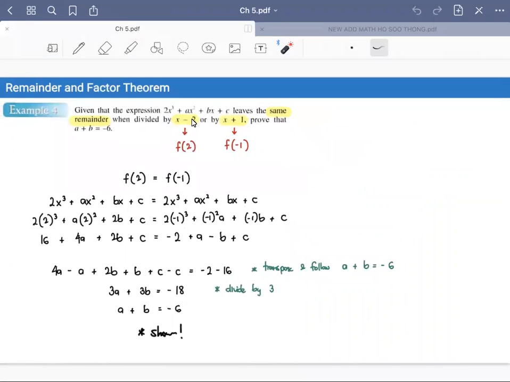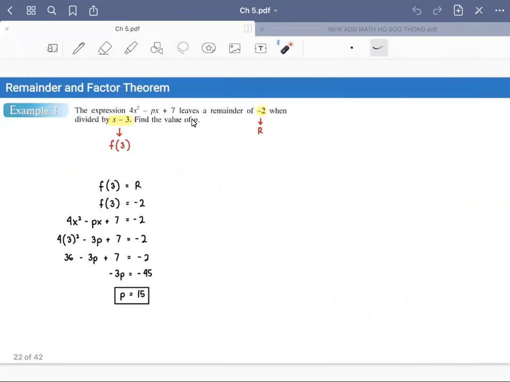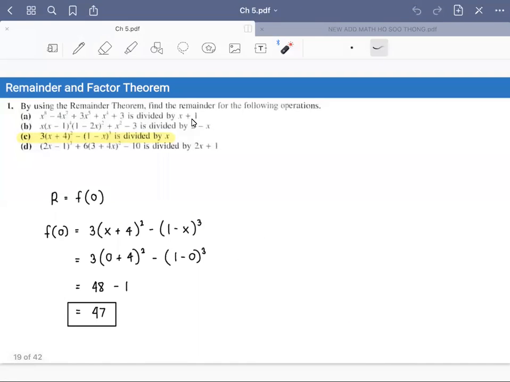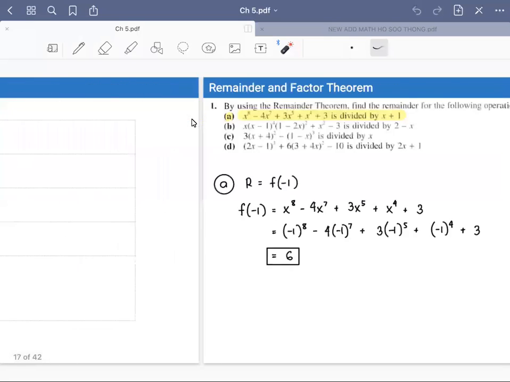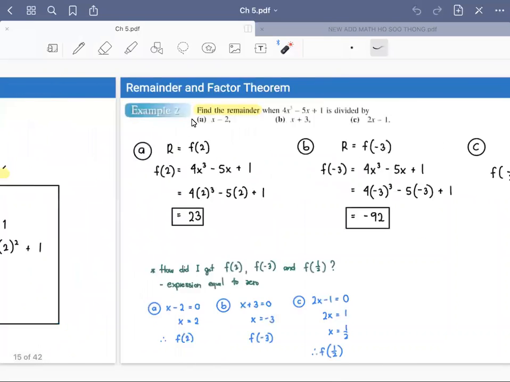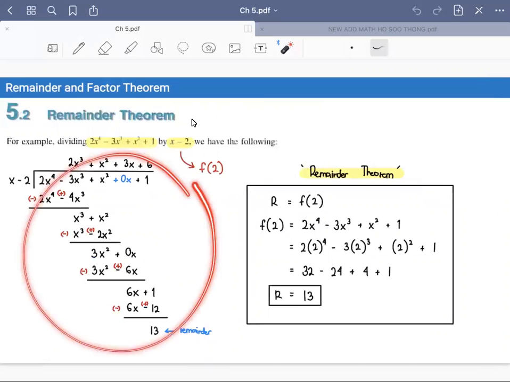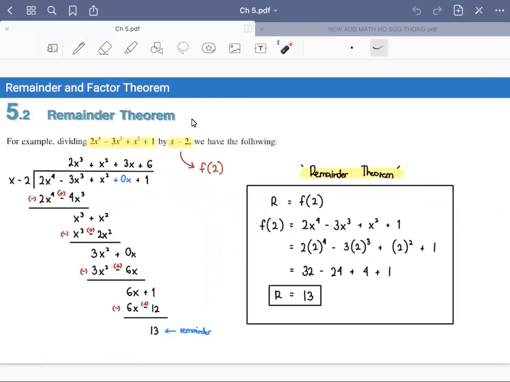What is its purpose? Its purpose is for us to find the remainder of a polynomial divided by another expression, right? For example, from where we began yesterday, instead of doing this long division right here, we just get the function of the divisor, which is, let's say, x minus 2, and then we just apply functions.